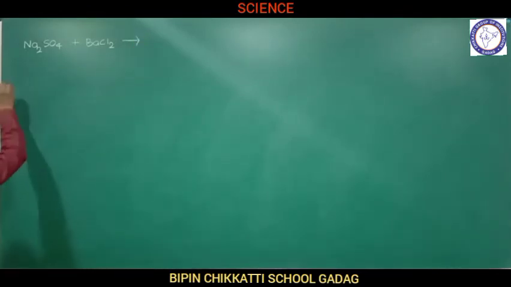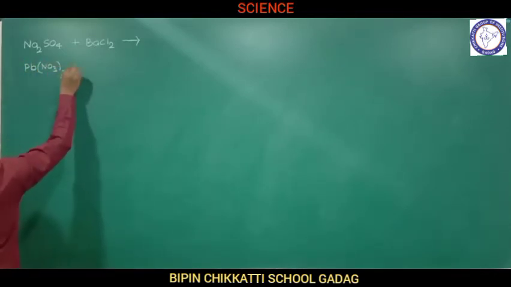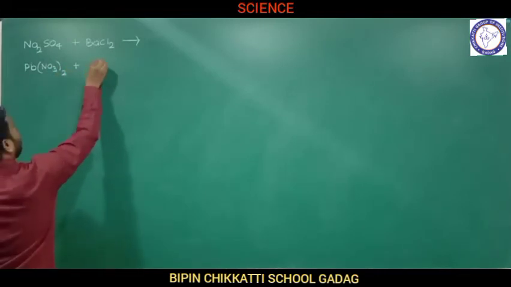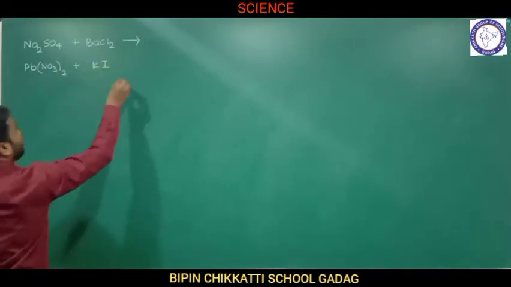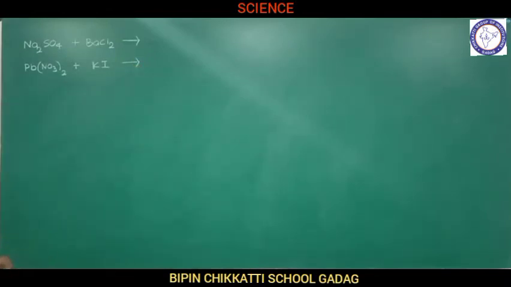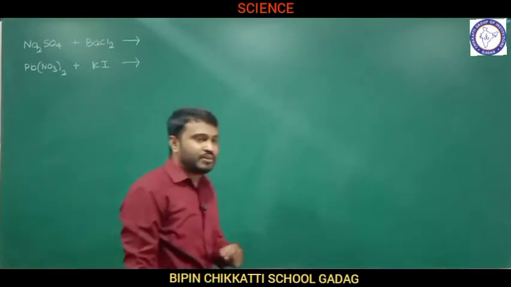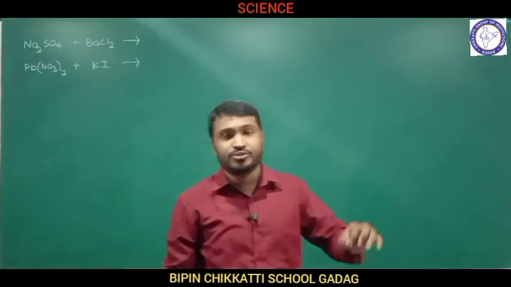And one more reaction I am going to consider is lead nitrate, Pb(NO3)2, with potassium iodide, KI, and we will see what the products are in this case. As I told you, in case of double displacement reaction, there will be exchange of ions.